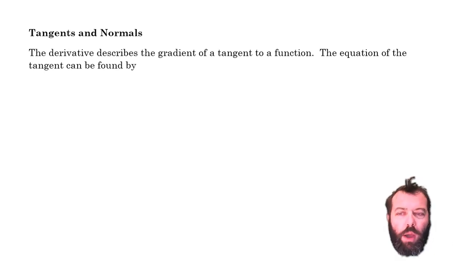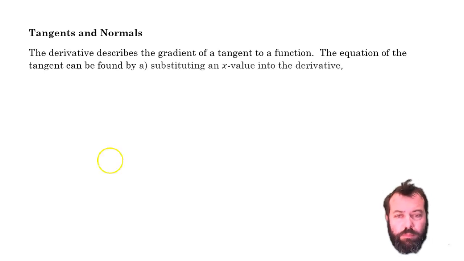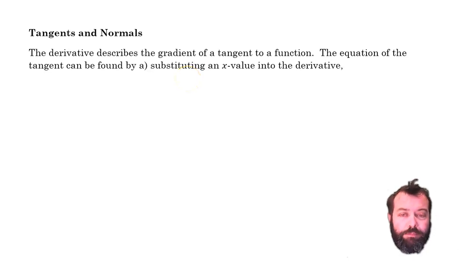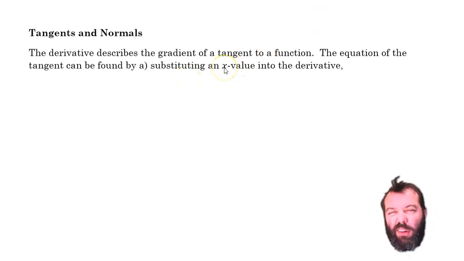Now, to find the equation of a tangent, because it's a straight line, we need two things: a point and a gradient. To find the gradient, we substitute the x value into the derivative, the gradient function. That's what the derivative is. That'll tell us the gradient. And I've got the x value. You'd always be given that.